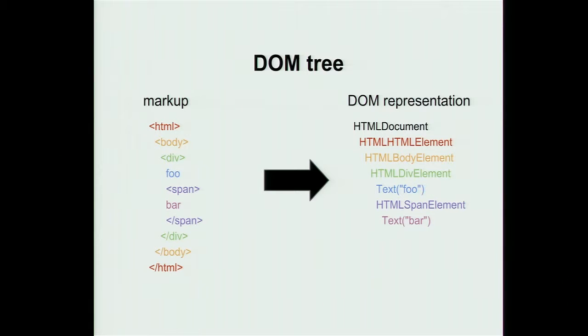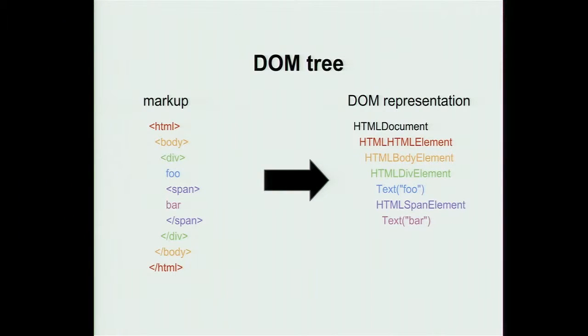And in fact, the parser can insert objects into the DOM tree if you have malformations to try to fix up your markup. But you'll see there's something called a text node, which foo becomes text foo. A div just becomes HTML div element. The names kind of follow what you'd expect.